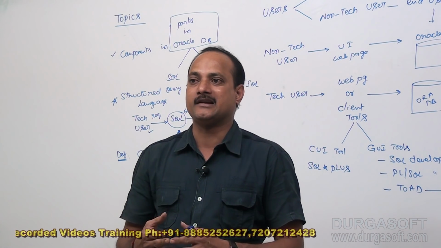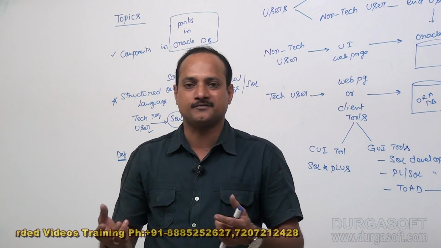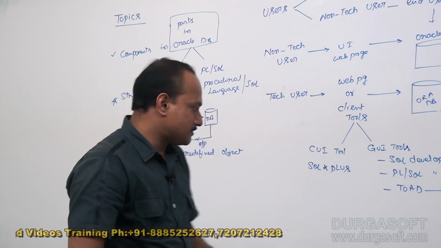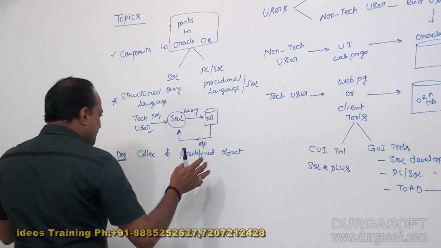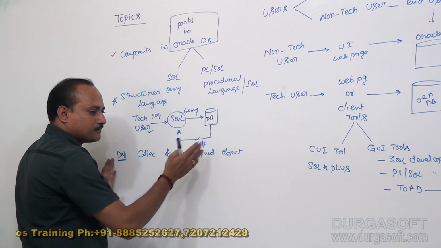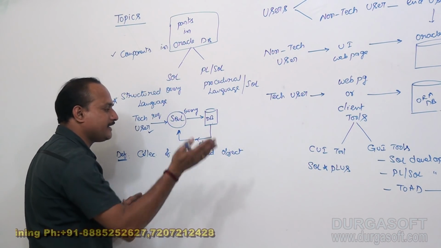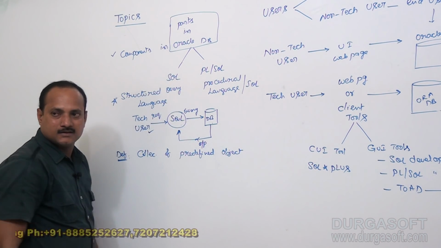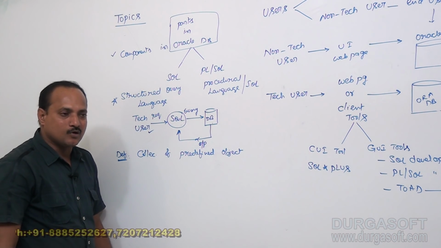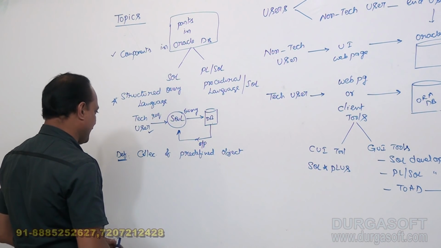You can't manipulate it. You can't create it as a three-dimensional or four-dimensional table. Every object structure is predefined within Oracle, so any object you create should follow the already defined structure.